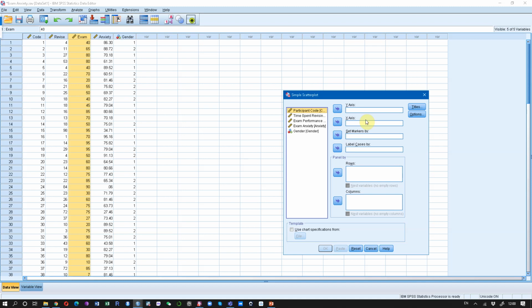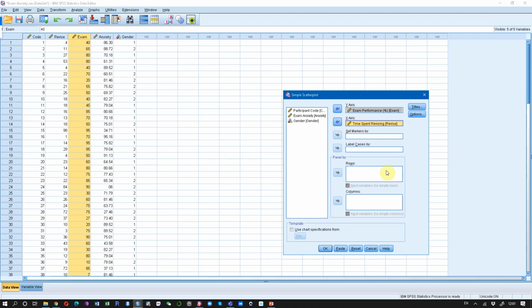That's counterintuitive because revision happens first, then you perform in the exam. So make sure that you understand the dependent variable here. Our dependent variable, the y-axis, is the exam performance, and our x-axis, the independent variable, is the time spent doing revision.